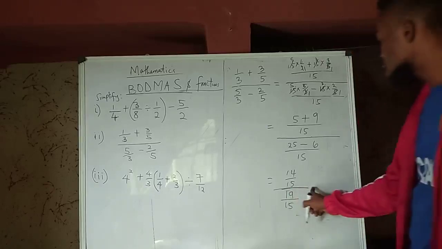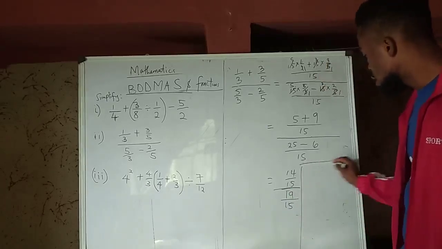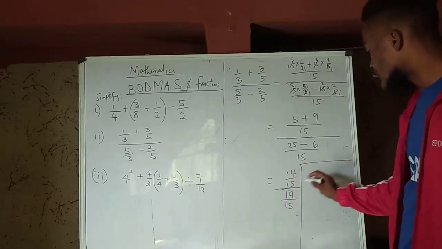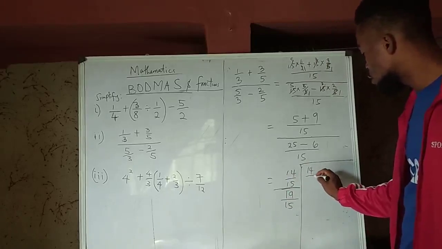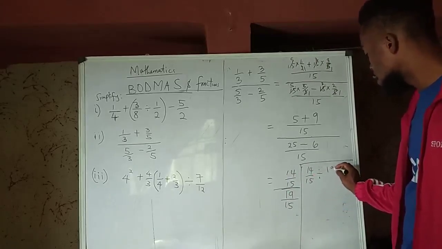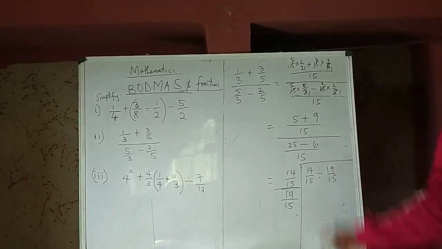Okay, so at this point, remember I can write this as 14 over 15 divided by 19 over 15. You see that, right? I can write it that way.